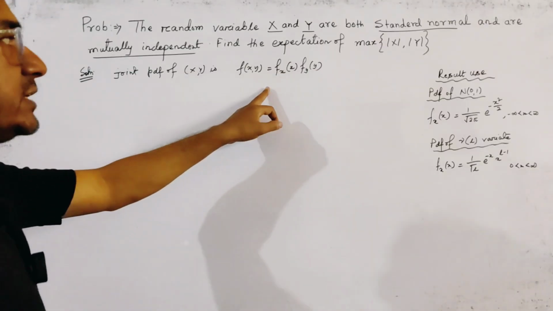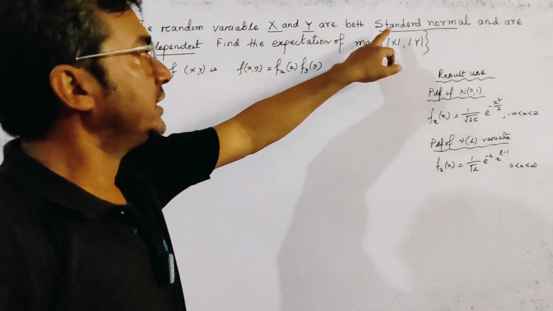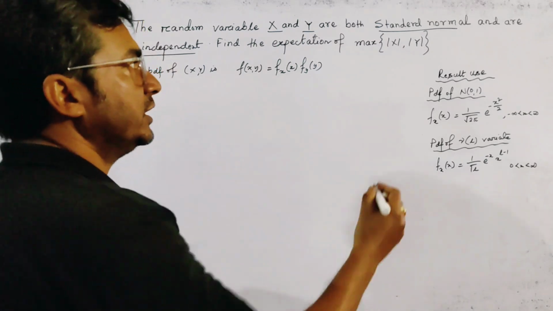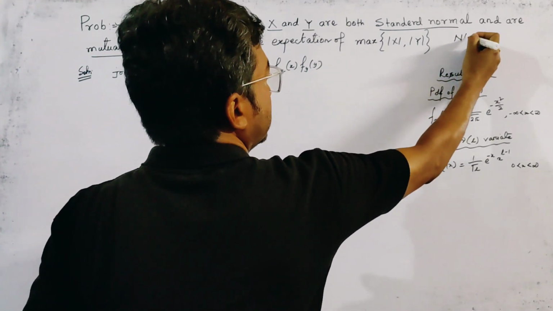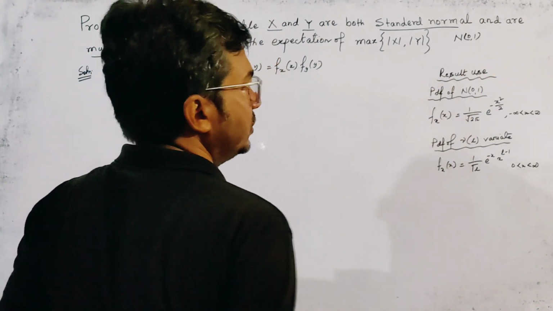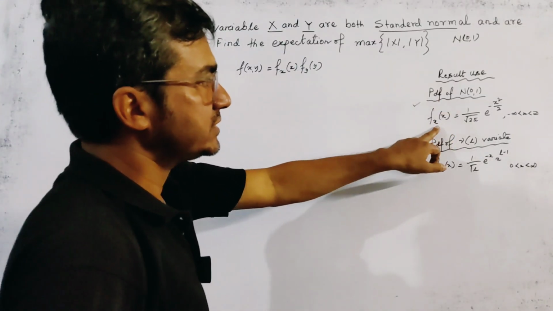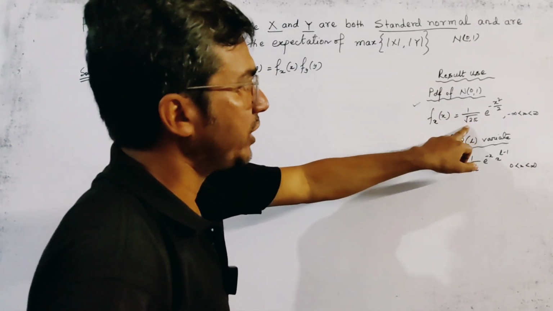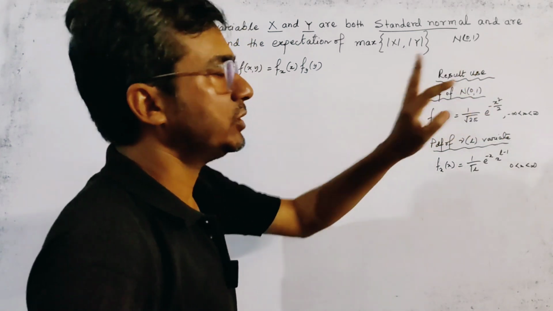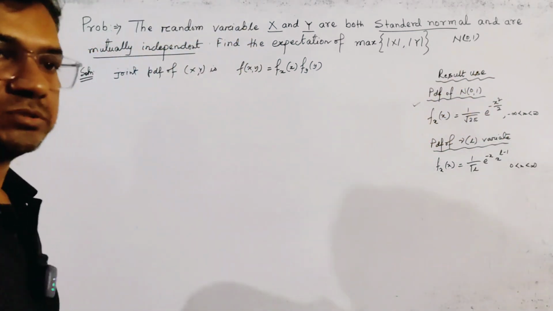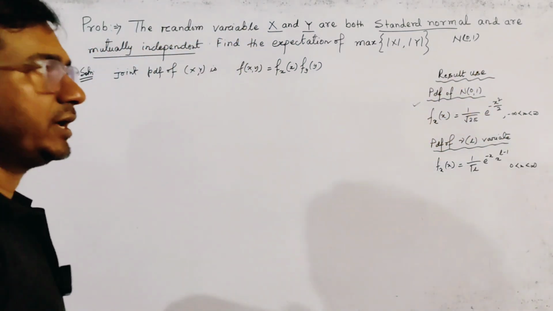And what is f_X and f_Y? Since these are standard normal, that is normal(0,1), both are normal(0,1), so the PDFs of X and Y are: f_X(x) = 1/√(2π) e^(−x²/2), and similarly f_Y(y).